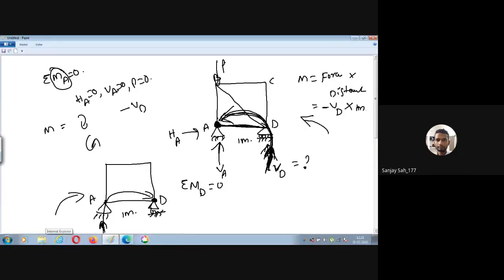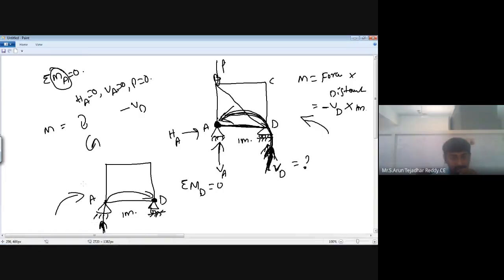Clockwise. Here VA into the perpendicular distance, which is the same from A to D, 1 meter, is equal to 0. Then VA is equal to 0.